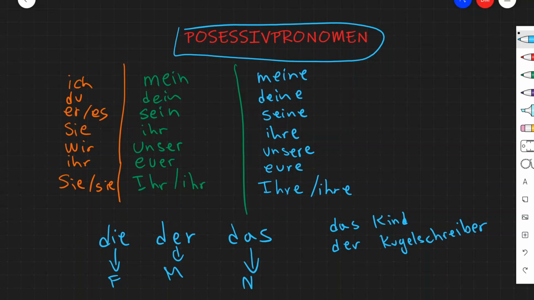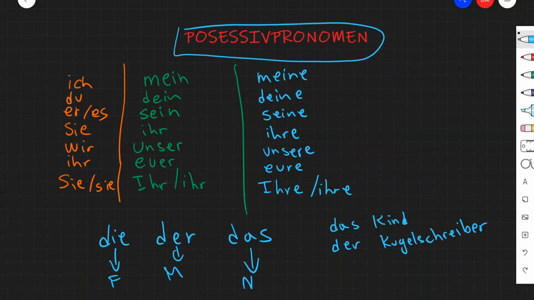The child has the article das, which means neuter, while Kugelschreiber has the article der, which means masculine.